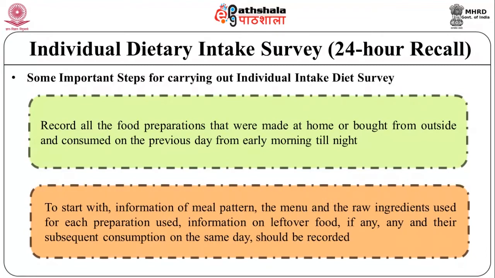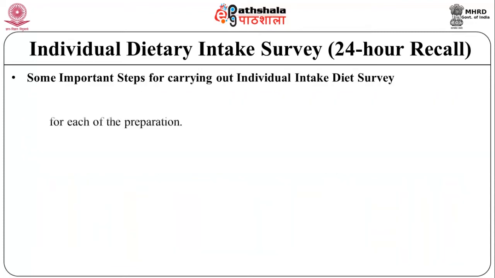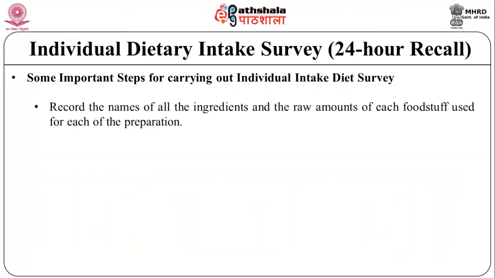To start with, the information on meal pattern, the menu and the raw ingredients used for each preparation, and information about leftover food, if any, and its subsequent consumption on the same day must be recorded. There is a need to record the names of all the ingredients and the raw amount of each foodstuff used for each preparation.